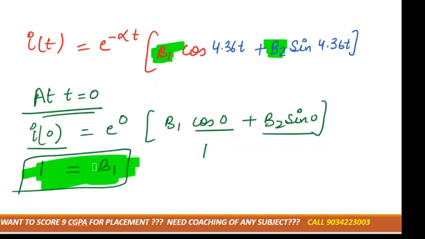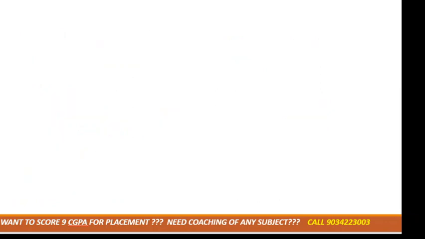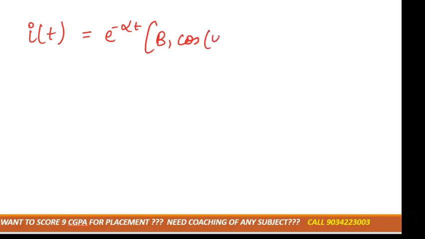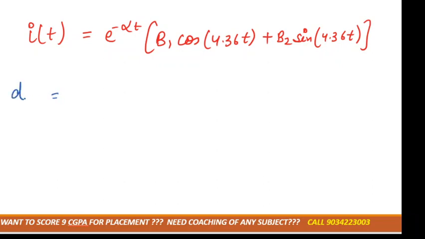Easy, right? Now we have to differentiate this equation for the calculation of b2. i of t is equal to e raised to power minus alpha t, b1 cos of 4.36t plus b2 sine of 4.36t, right? Now we need to differentiate, that is di by dt, correct? As you can see, we have to apply the u v formula.